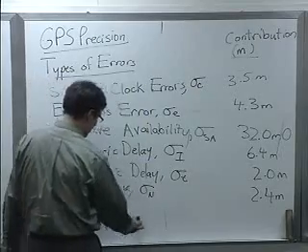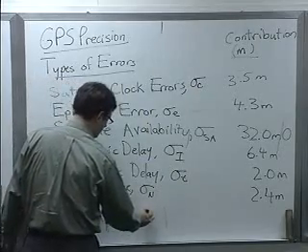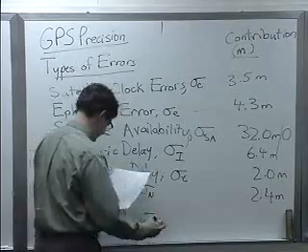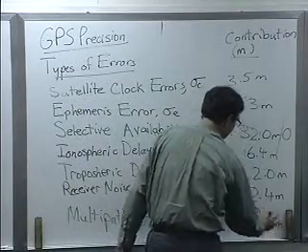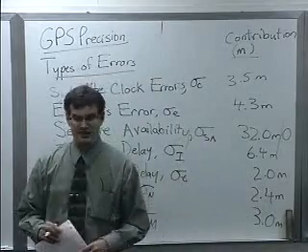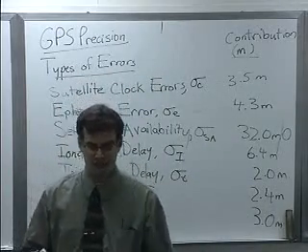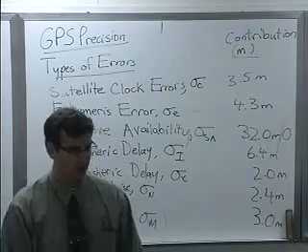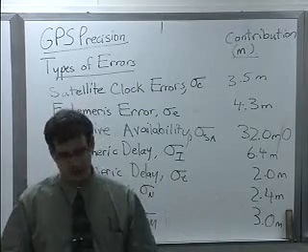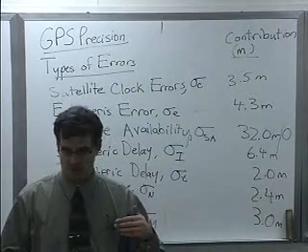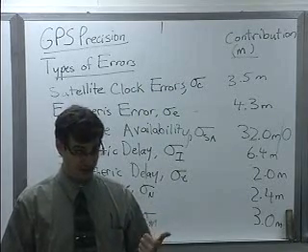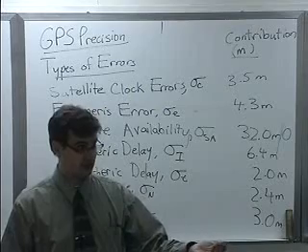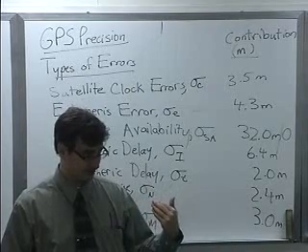And then multipath, and again, this is highly location dependent. Multipath error, sigma sub m, on average this will be about 3.0 meters. Multipath is considered any reflection that you get off of the ground or a mountain or a tree or a building, and that will always arrive later than the first arriving component, which is what your GPS receiver will assume is the strongest component that comes into a receiver.